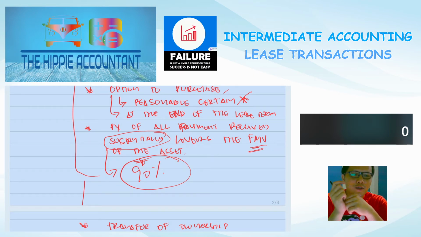On the lessee, automatic finance lease na siya. Wala nang kriteriya na titingnan natin. Finance lease na siya.